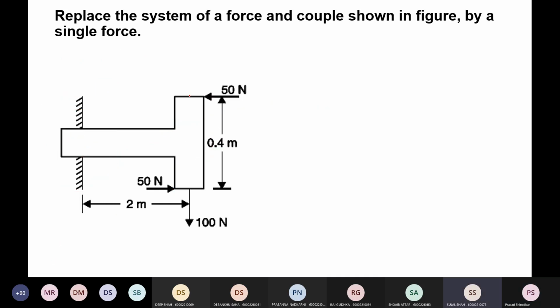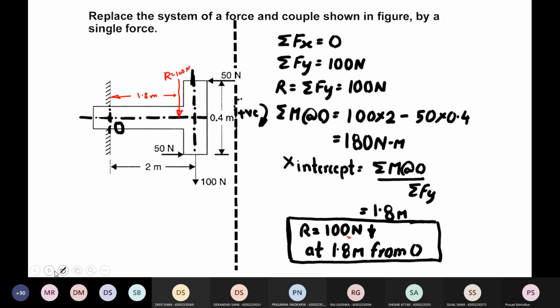It is the distance between two couples. Yeah, this distance between two forces. So this is horizontal. This is also horizontal. All right, they are parallel to each other. Okay, sir. Any other questions? No, sir. All right.